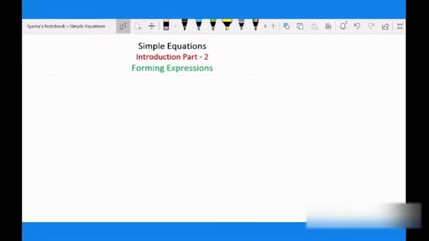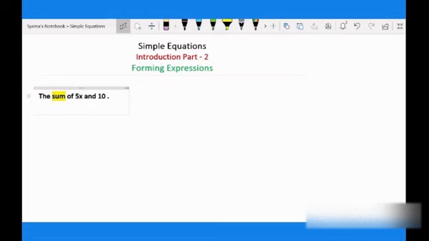If it is given as the sum of 5x and 10, how do we convert this into an expression? We all know that sum is nothing but addition.